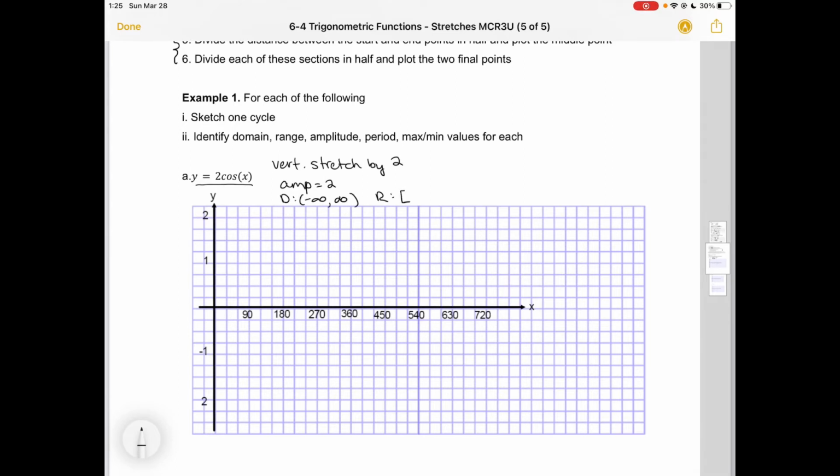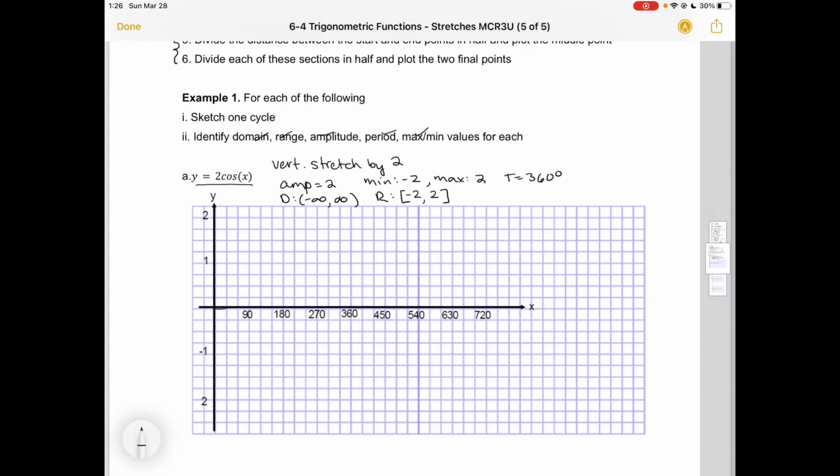My range, though, goes in between now minus 2 and positive 2. And my minimum value and my maximum value reflect those that are in my range. My period is unchanged. It is 360 degrees. And now I've listed all those, so now I can do some sketching.